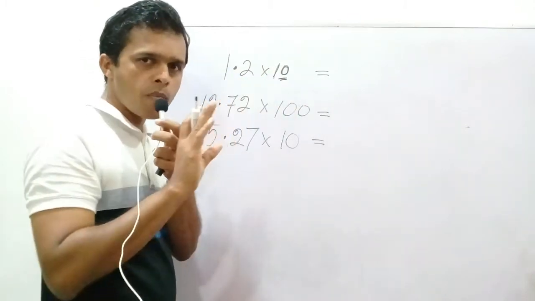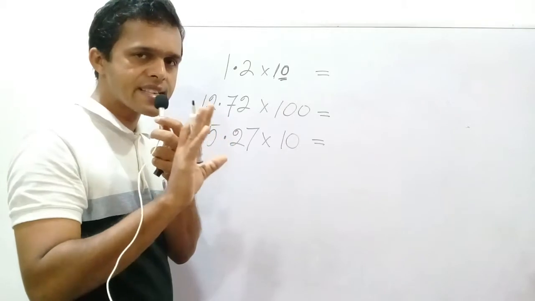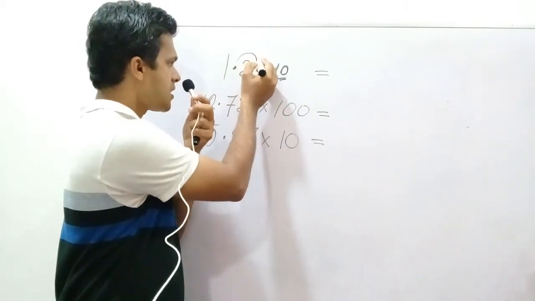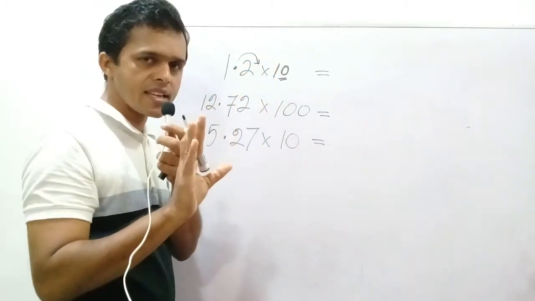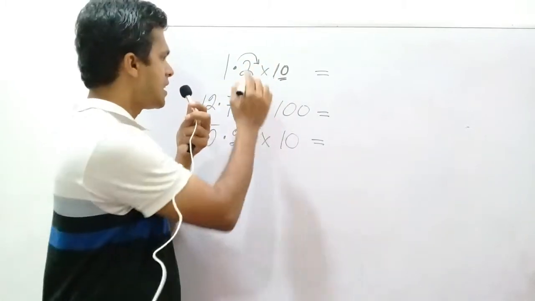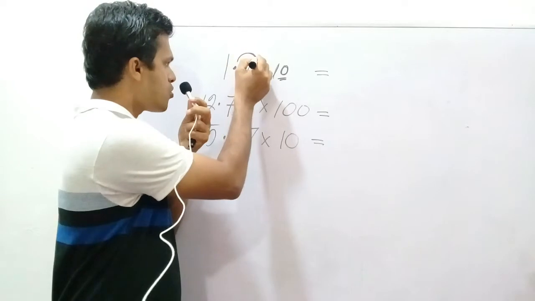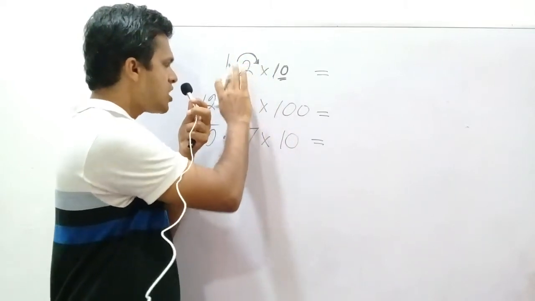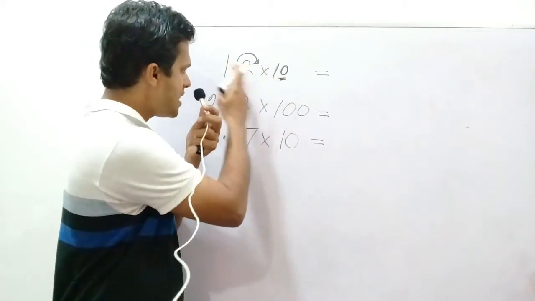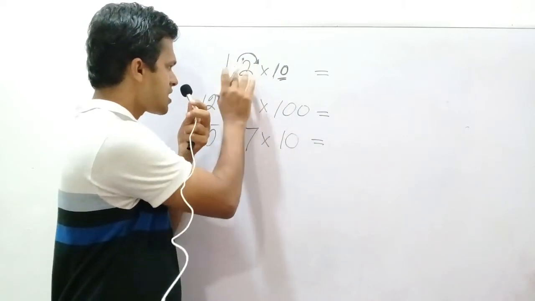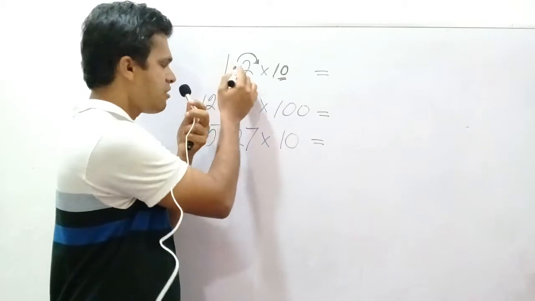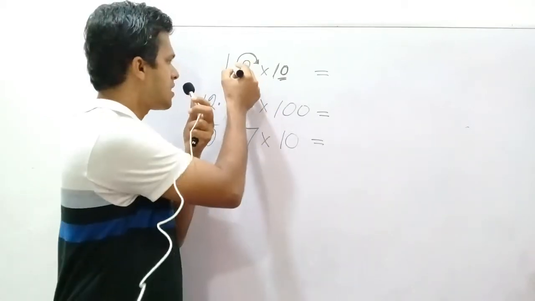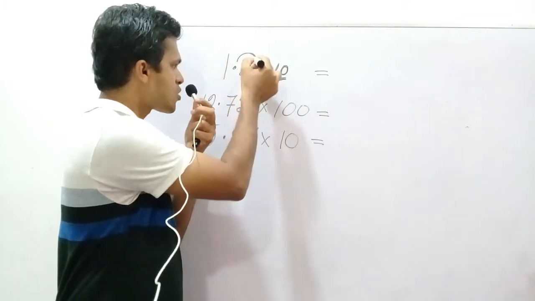When it is multiplied, the decimal point goes to the right side. If this is the right side, this is the left side.